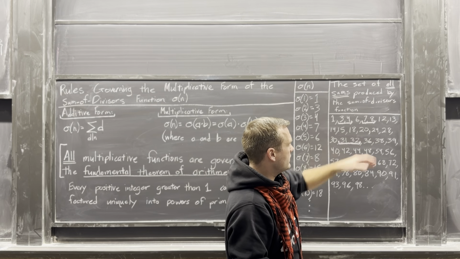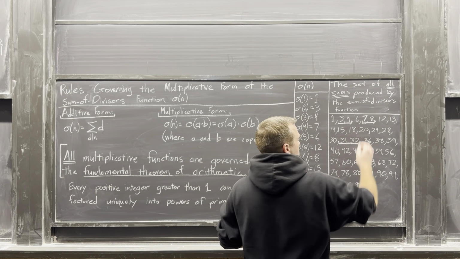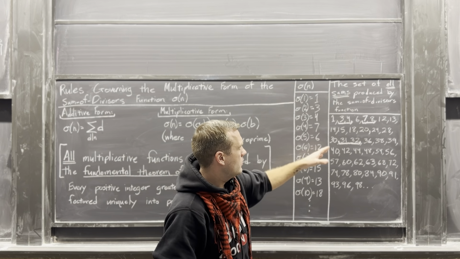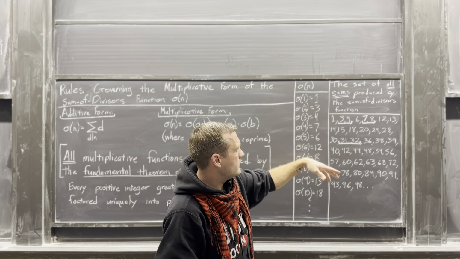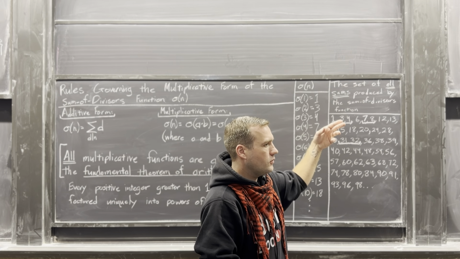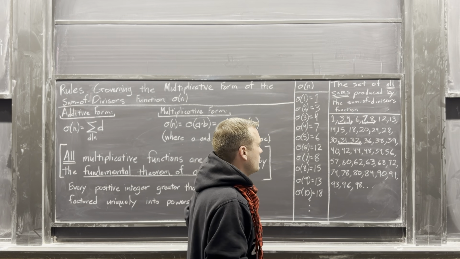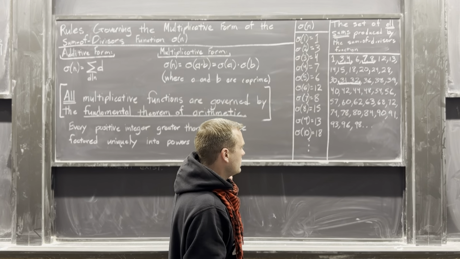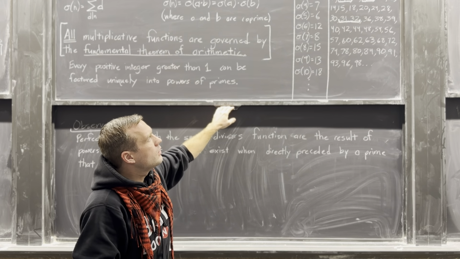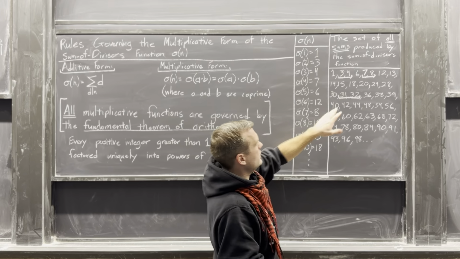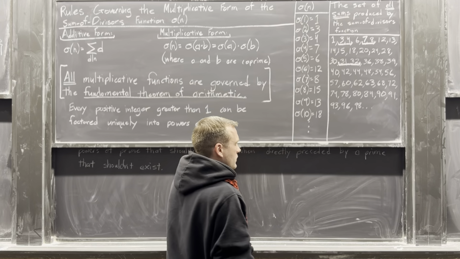The fact that 7 exists is the result of a power of a prime, is the result of the prime power identity, right? 2 to the 2, which is 4. 31 is the same thing. It's the result of a prime power, right? And it precedes the number 32, which is the power 2, which shouldn't exist.